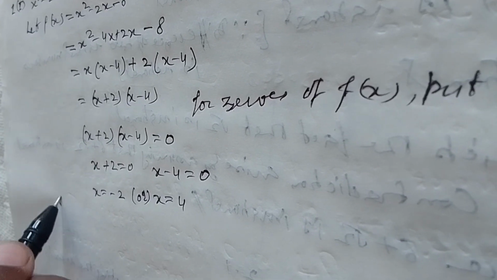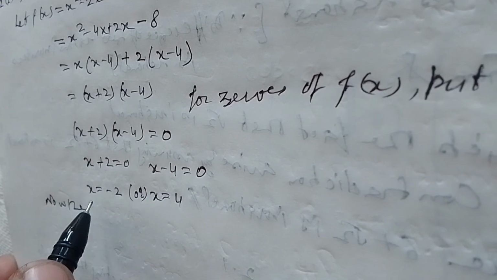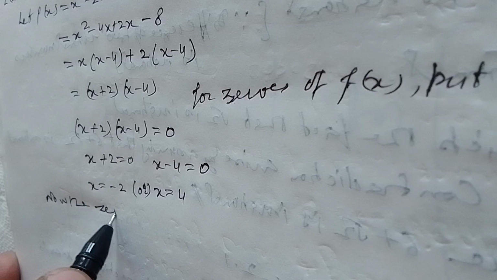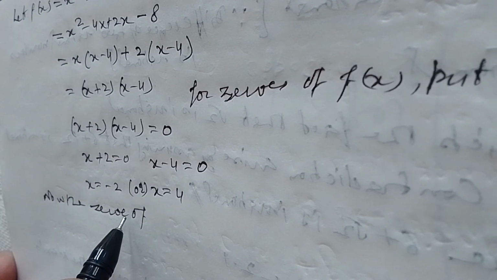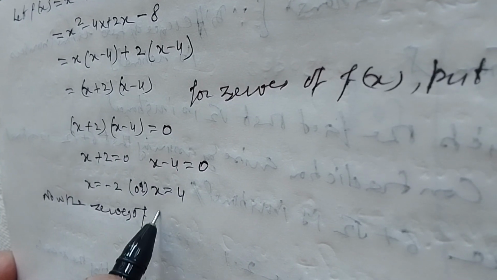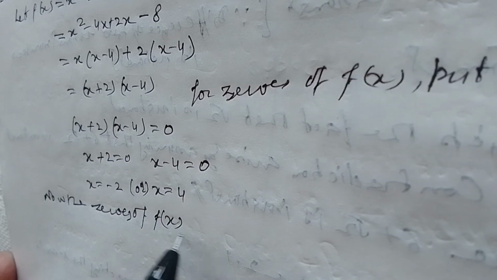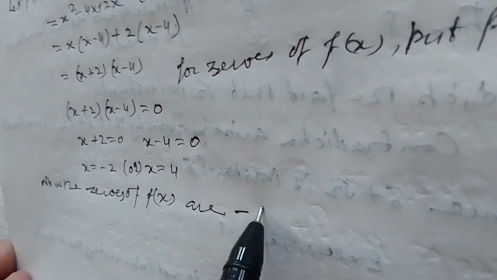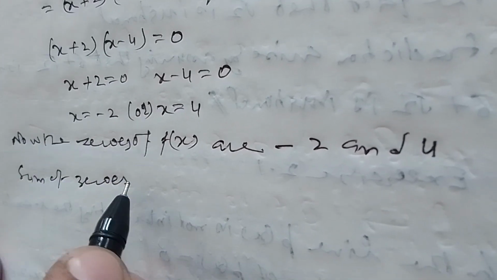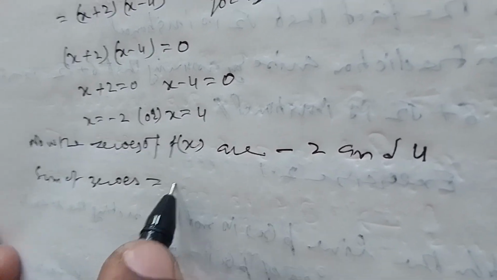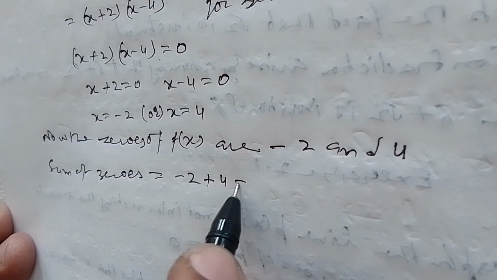So now the zeros of function f(x) are minus 2 and 4. Sum of zeros comes out to be minus 2 plus 4, which is 2.